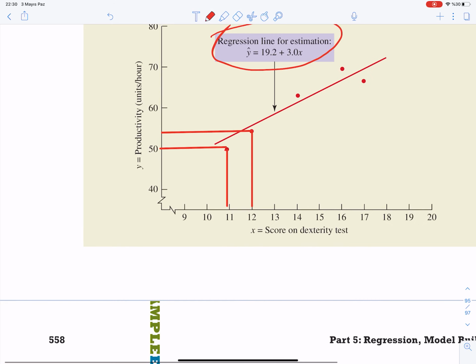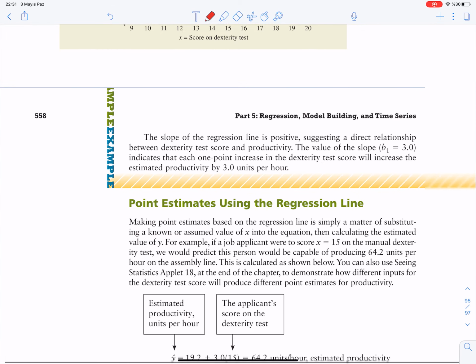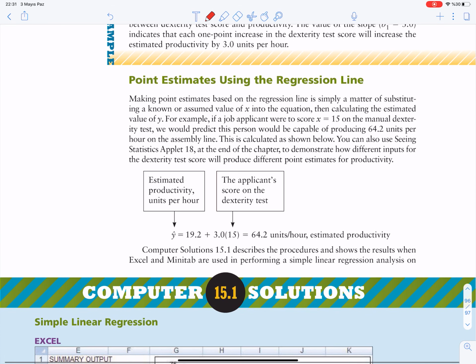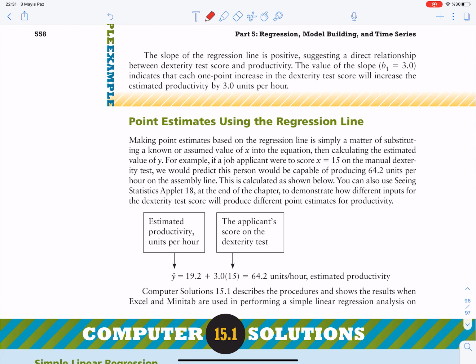The square distance between the dots and the line is minimal. So this is how you can read this graphical display.